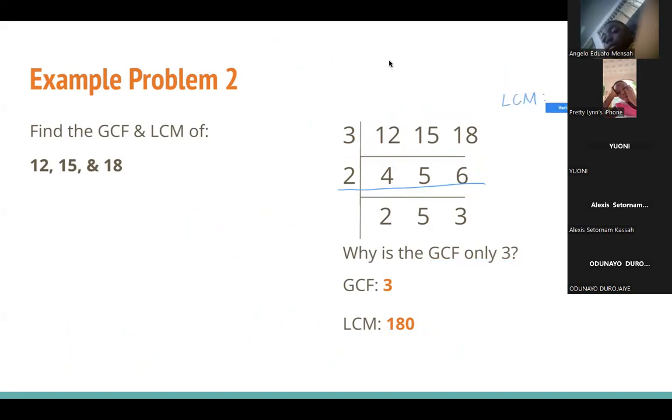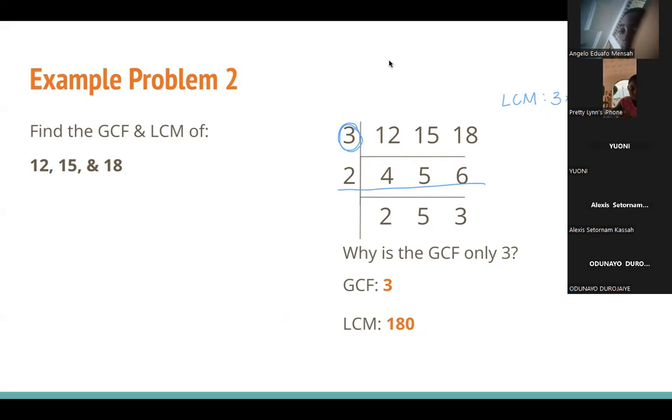We want to multiply all the unique factors that are not common between the numbers. So if we're looking at 12, 15, and 18, there's a 3 here, right? So for the common ones, we only want to multiply by 1. So our sum is going to be 3 times.